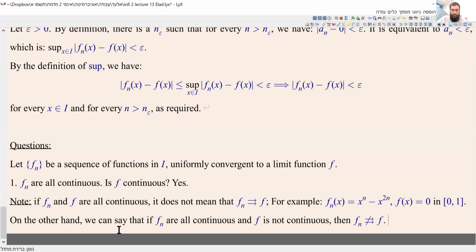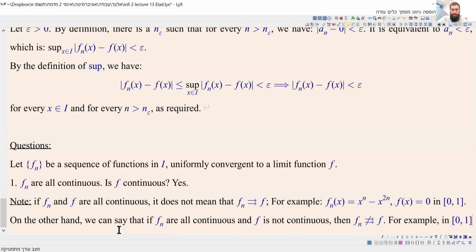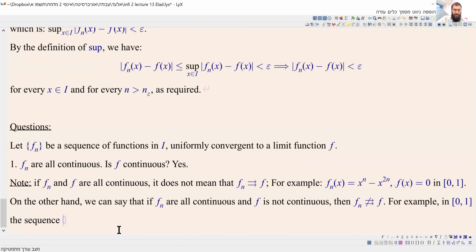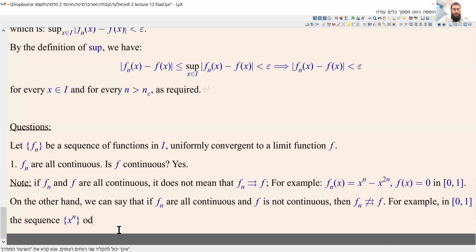So, for example, in the segment 0 to 1, the sequence x to the power of n of continuous functions converges to the non-continuous function, which is 0 on [0,1) and 1 at 1.